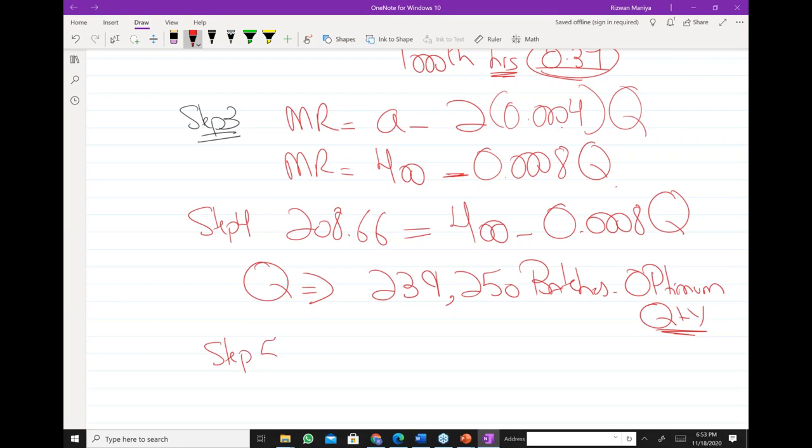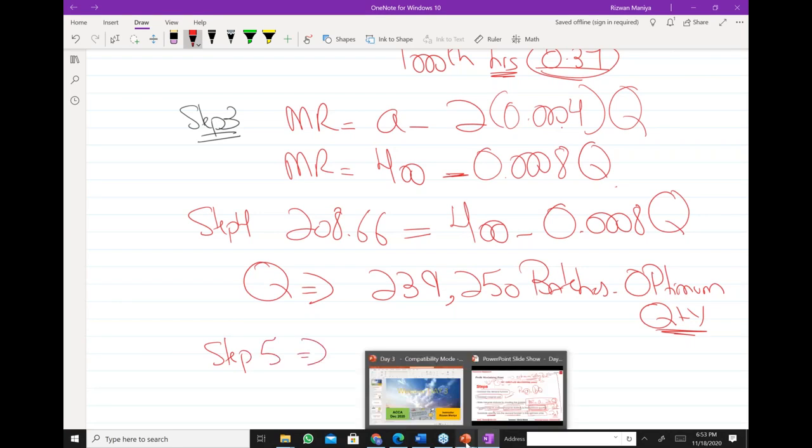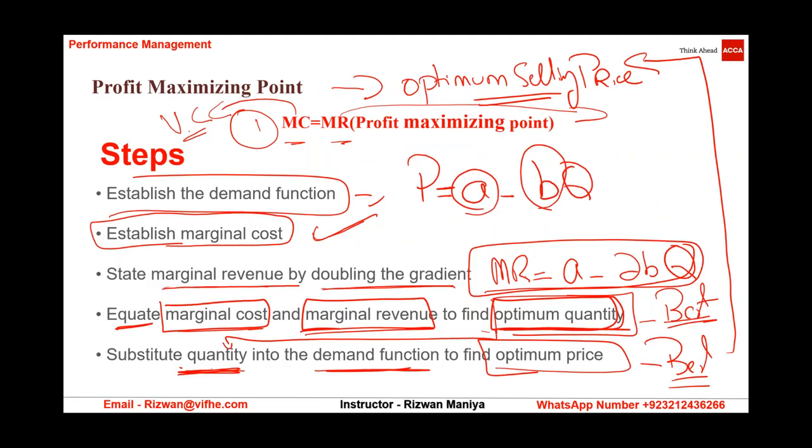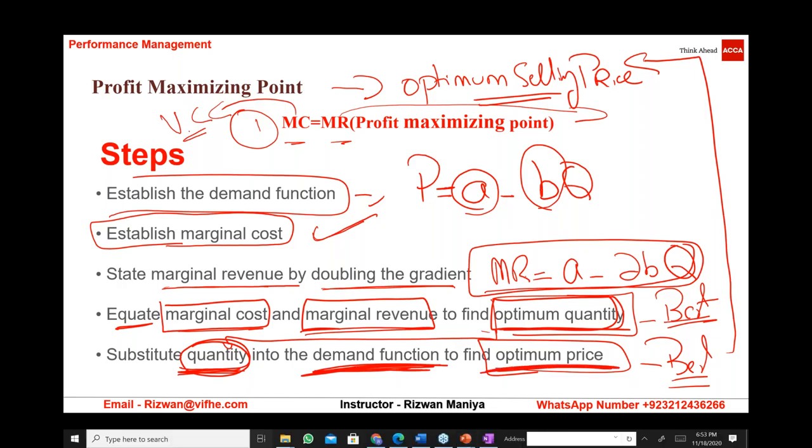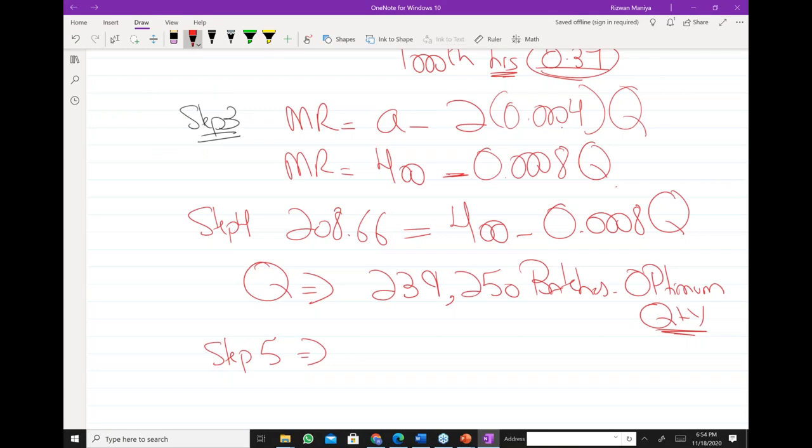Last step. What is that? Substitute quantity into demand function to find optimum price. Okay, let's do it. So demand function is what? Price is equals to 400 minus 0.0004 into quantity of 239,500.